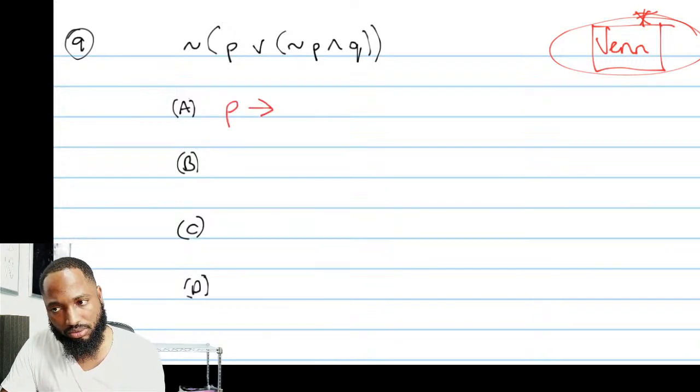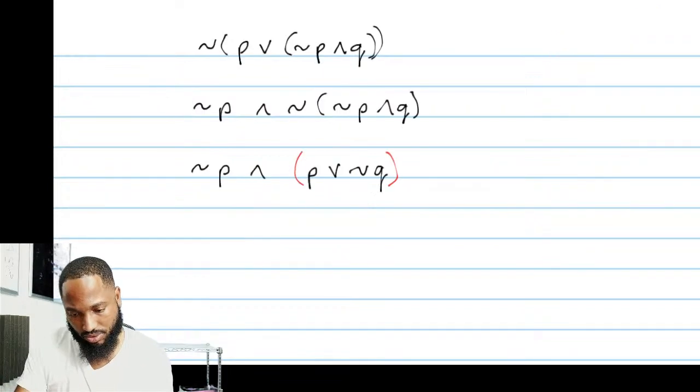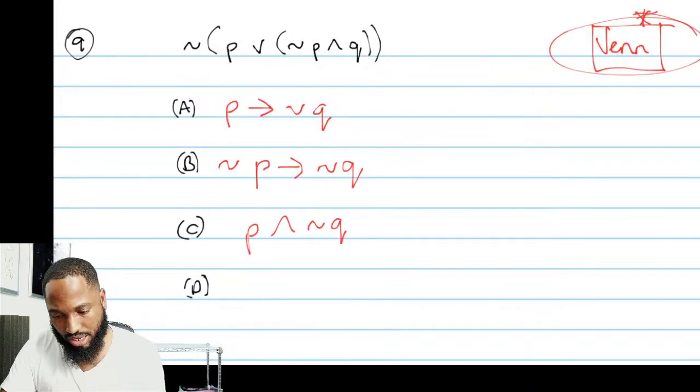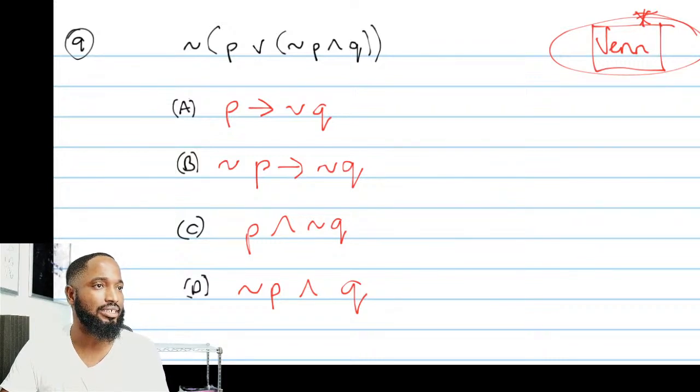P implies not Q. Not P implies not Q. P and not Q. Not P and Q. It needs some answers there, people.